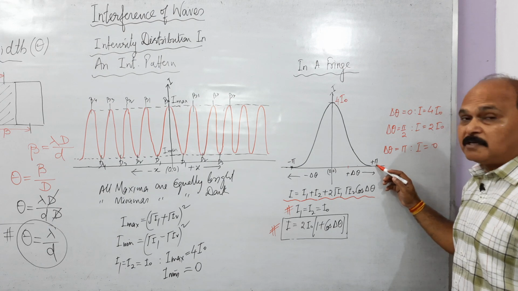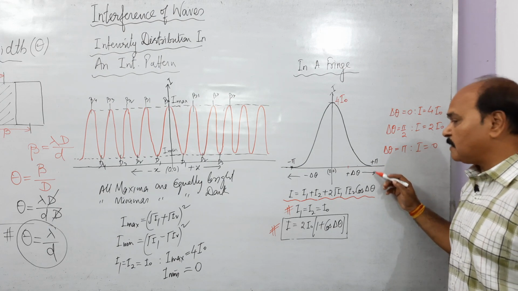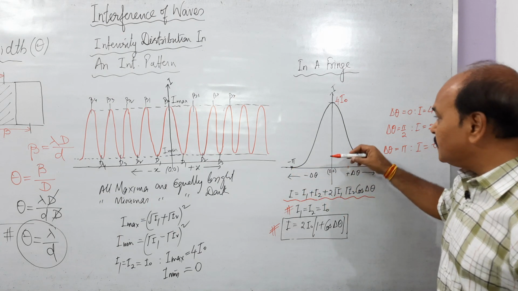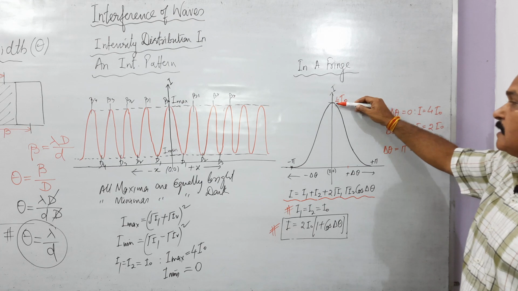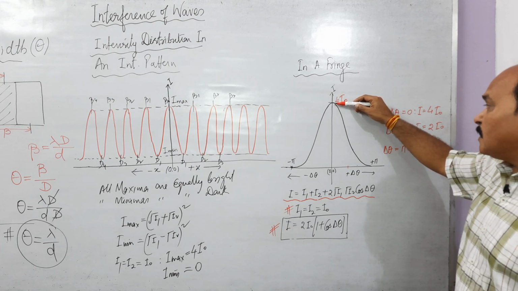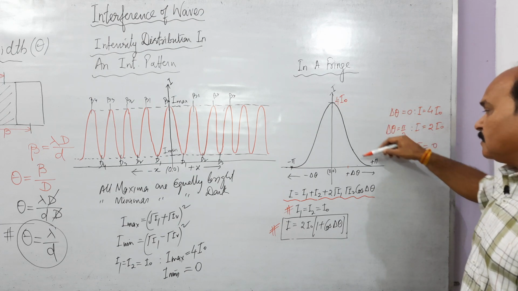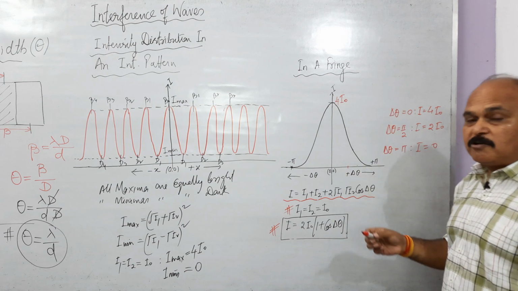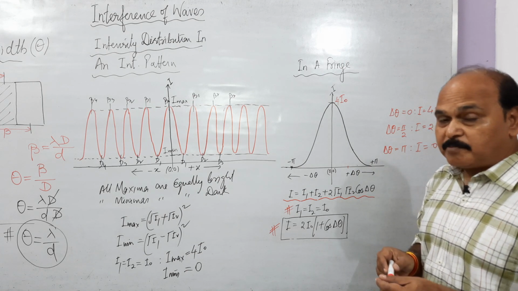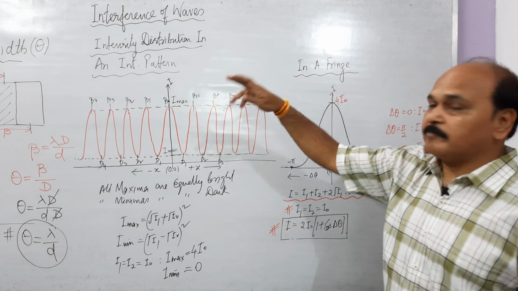This is pi phase difference, and that is also path difference lambda by 2, plus lambda by 2, and this is minus lambda by 2. So intensity in a band right at the center is maximum, and from the center to the adjacent minima it decreases continuously. All maximas are equally bright and all minimas are equally dark. When we say so, that simply means the intensity at the center of the maximas is the same.